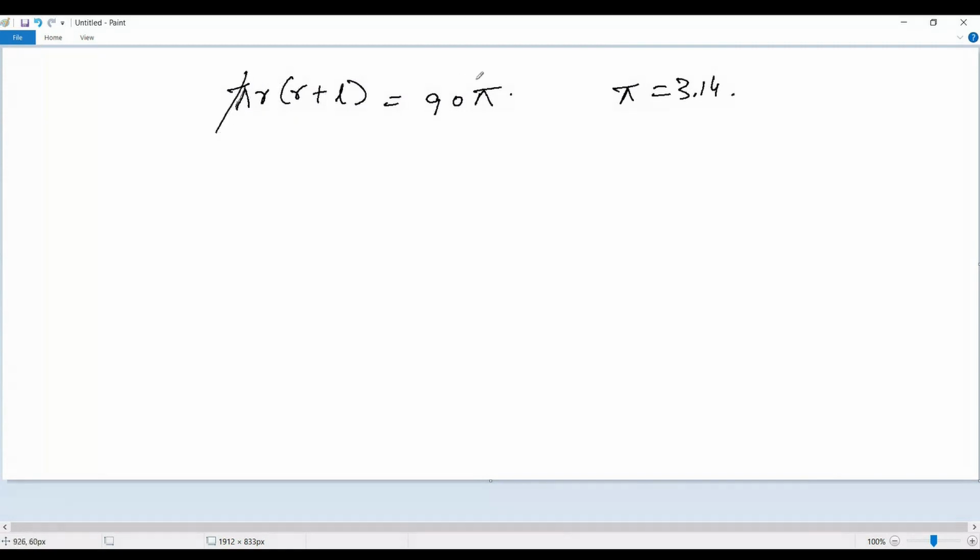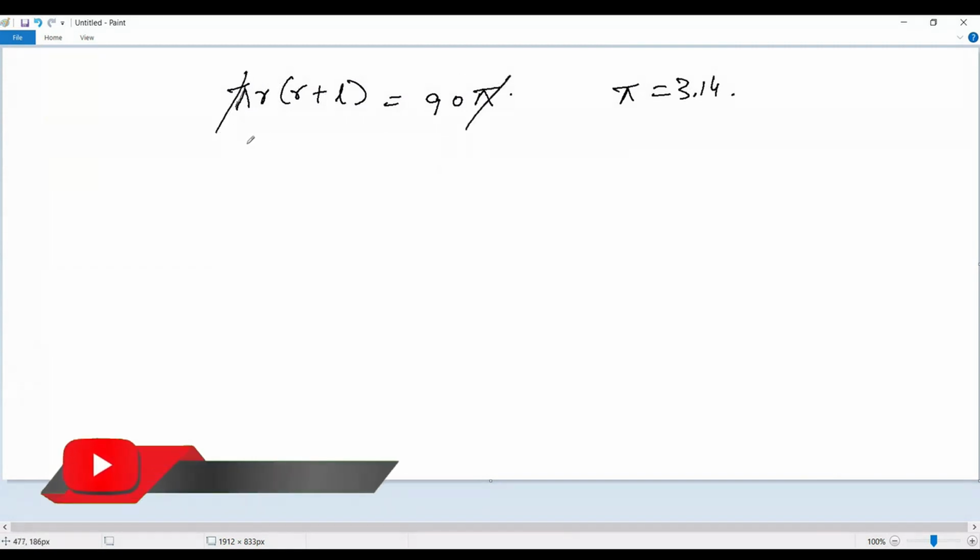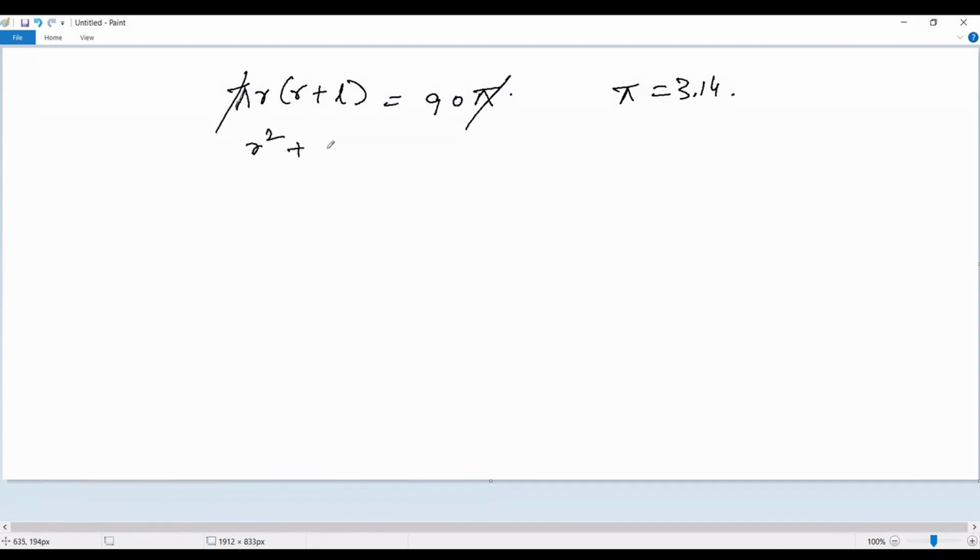Cancel pi. So r into r plus l, where l is 13, gives 13r equal to 90. Correct? Yes, ma'am. So r into r is r squared. l is 13. r into 13 is 13r.